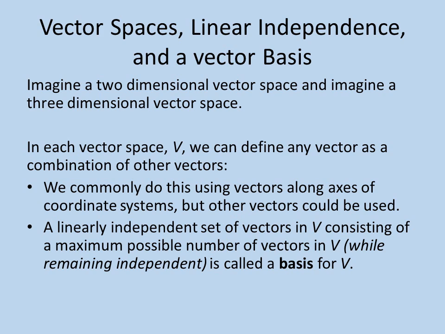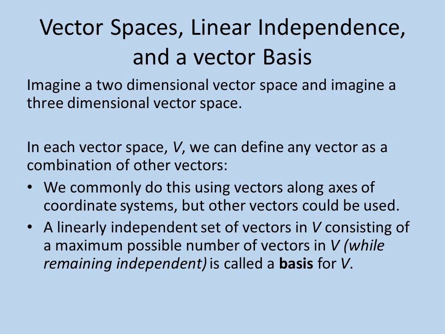Vector spaces, linear independence, and vector bases. Imagine a 2-dimensional vector space and imagine a 3-dimensional vector space. In each vector space V, we can define any vector as a combination of the other vectors that constitute a basis. We commonly do this using vectors along the axes of a coordinate system, but other vectors could be used as well.